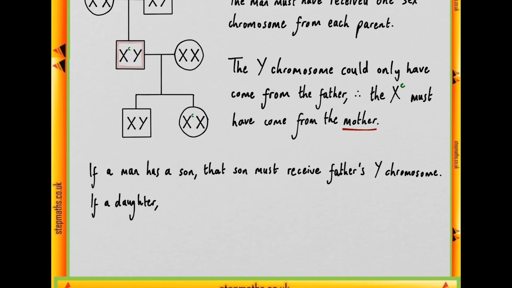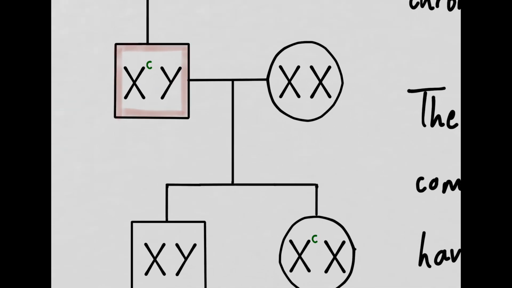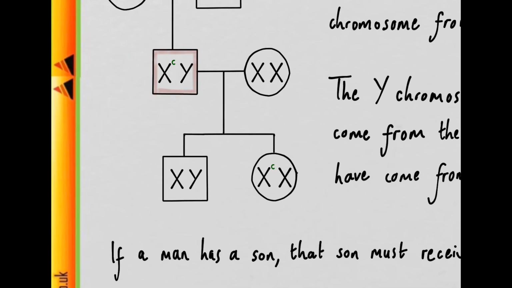But if a father has a daughter, that daughter must receive the father's only X chromosome. Fathers only have one X chromosome since they're XY, and since daughters are XX, they need an X chromosome from each parent. They'll have a choice of two from their mother.